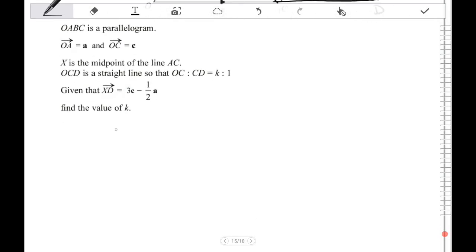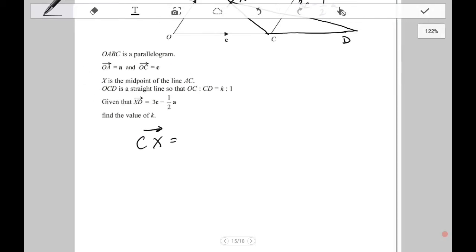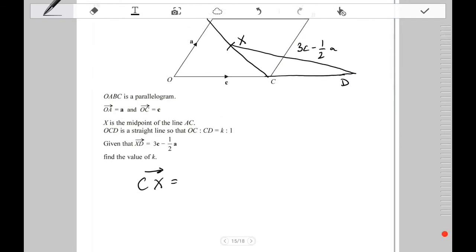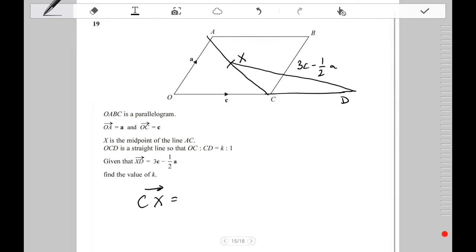Right, let's do C to X. We know that C to X is OC plus, well, C to X is basically half of AC, but we know that AC is going that way, so what we can say is it's negative of a half AC.